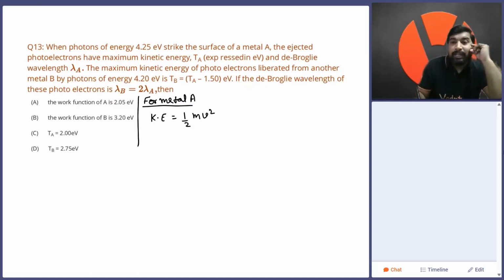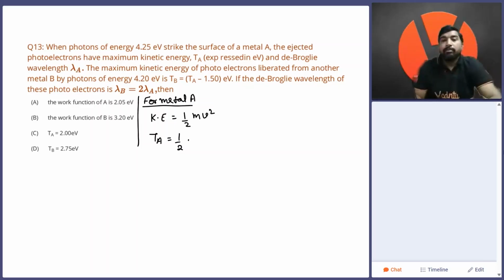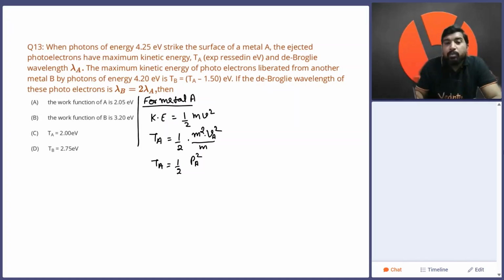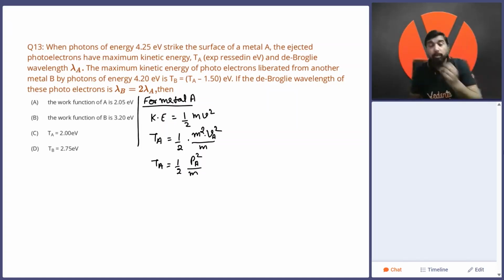So for metal A, the kinetic energy Ta is equal to half into, if we multiply by m and divide by m, the formula will become m square va square divided by m. From here we can write Ta is equal to half Pa square upon m, because the formula of the momentum is equal to mass into velocity.